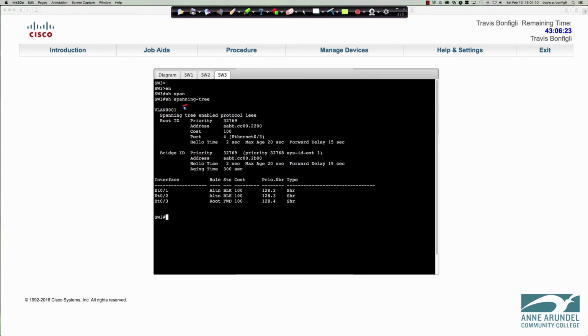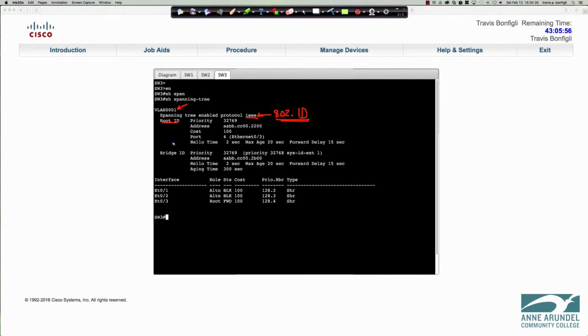So it's per VLAN. If we had more than VLAN 1 right now, it would continue to list out the other VLANs below. However, we're talking about VLAN 1 here. Now, spanning tree enabled protocol IEEE, they're talking about 802.1D compatible spanning tree. All right, so the root ID.